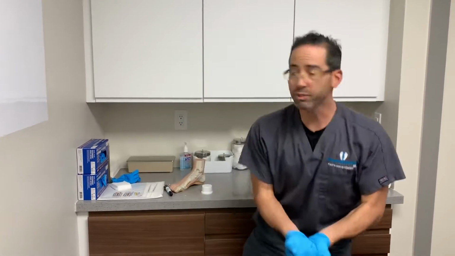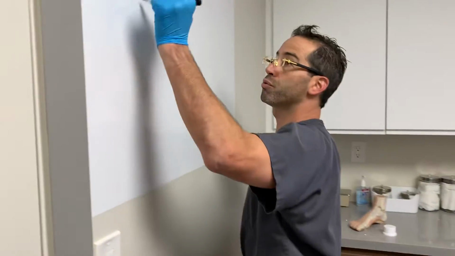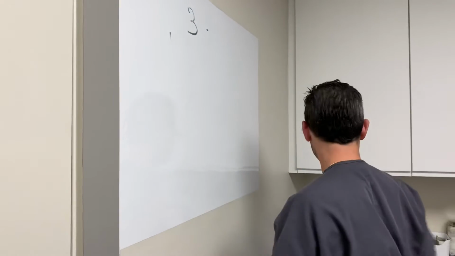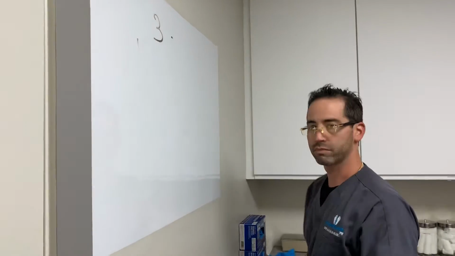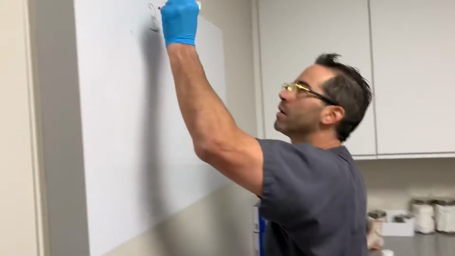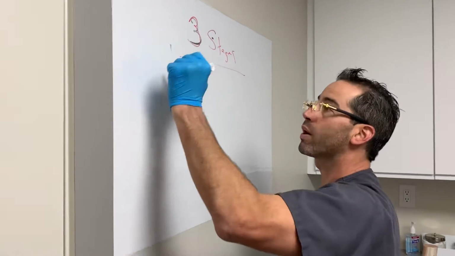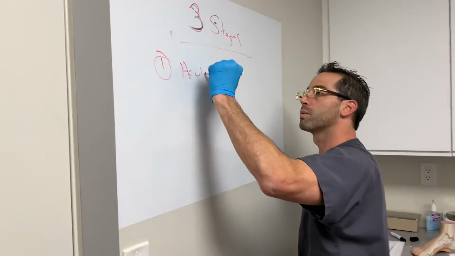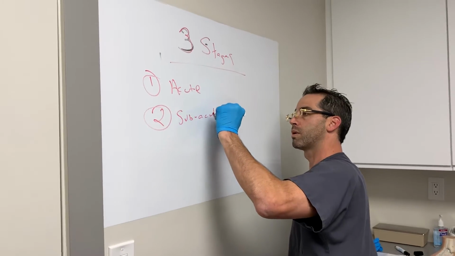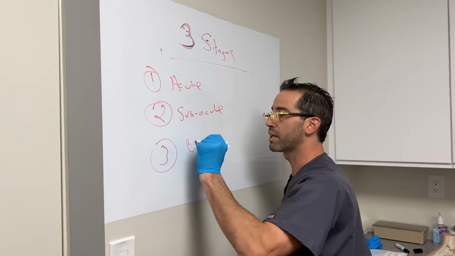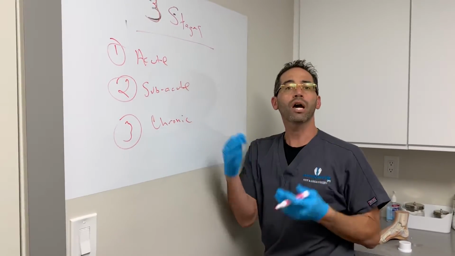I'm going to make this really simple for everyone, okay? So, there's three stages. I like to categorize them. Number one, acute. Number two, subacute. Number three, chronic. How do we define this?